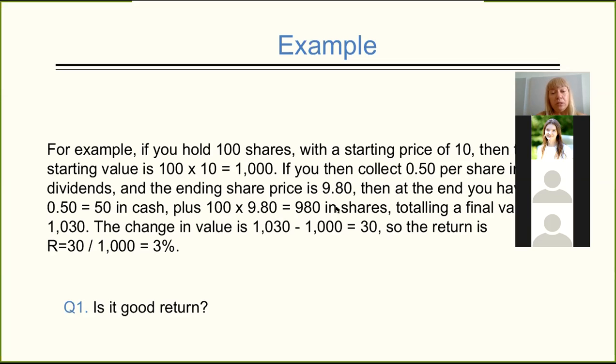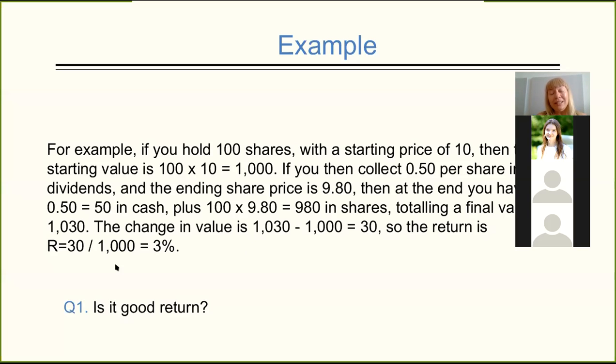And if we find the sum 980 plus 50, it will be 1030. So the change in value, only profit, is a difference: 1030 minus 1000, and it is only 30.